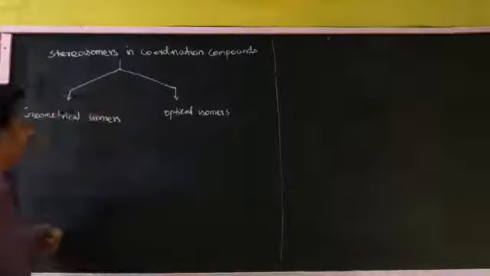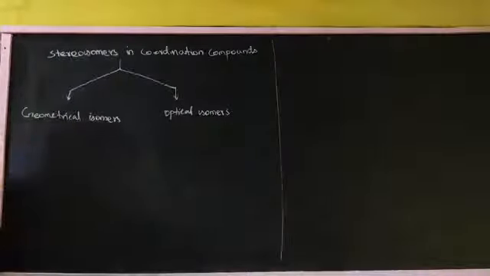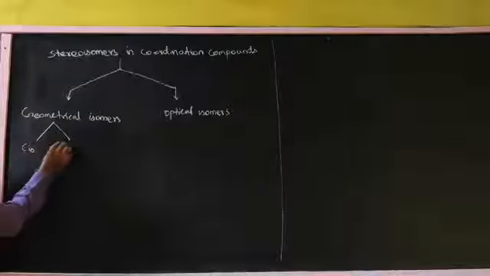Right? The geometrical isomers we can apply in octahedral complex structure as well as square planar complex structure, right? So cis and trans, right?